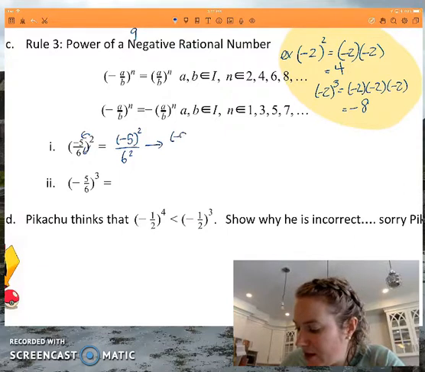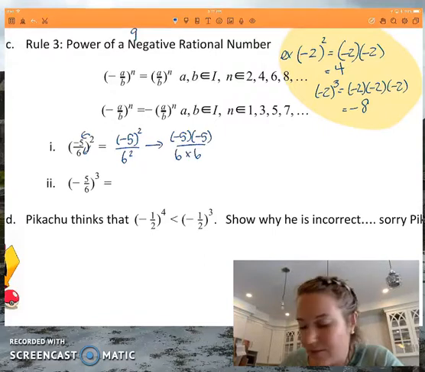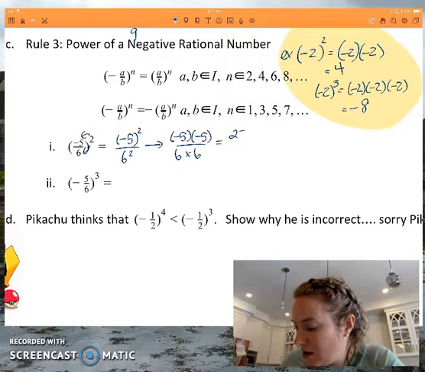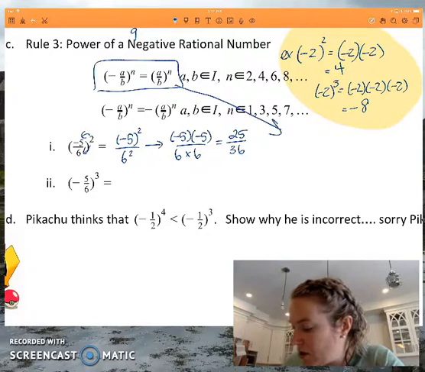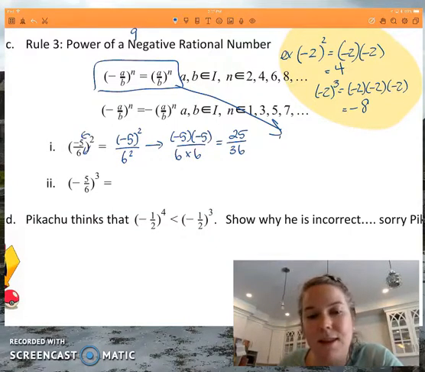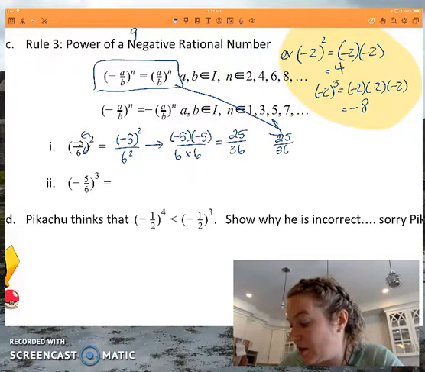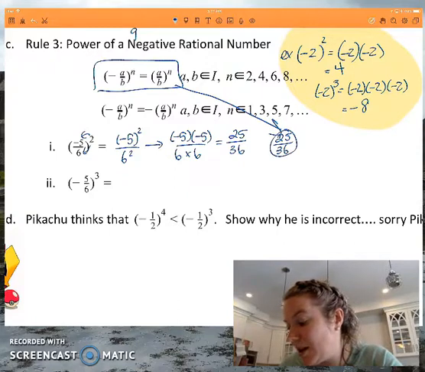So we could say this is negative 5 times negative 5 over 6 times 6, which gives us 25 over 36. Which, if you see this rule here, if I'm going to take a shortcut, that negative 5 over 6, I know because the exponent's even, that it just makes it positive anyway. So I say, okay, 5 squared is 25, 6 squared is 36, and I get my answer.